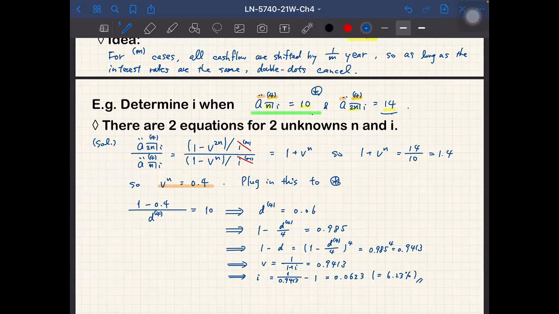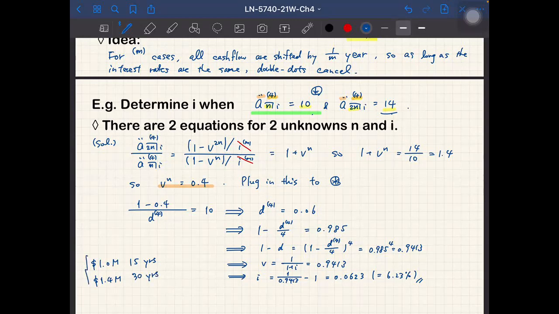So if you buy a $1 million house with a 15-year mortgage, and a $1.4 million house with a 30-year mortgage, the monthly payments are the same. So 1 million, 15 years, and 1.4 million, 30 years.